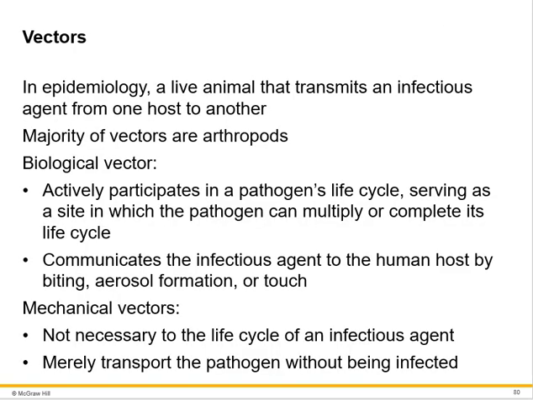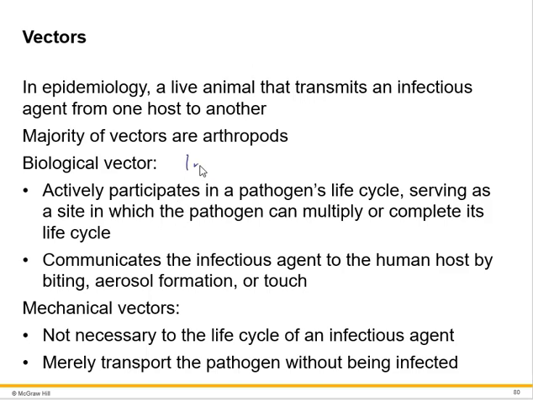Vectors are not humans. So this is when you have another live animal that's transmitting the infectious agent to another host. So biological vectors are participating in, and this is internal. This is the way I look at it. It's internalized, and they are probably experiencing the disease themselves.